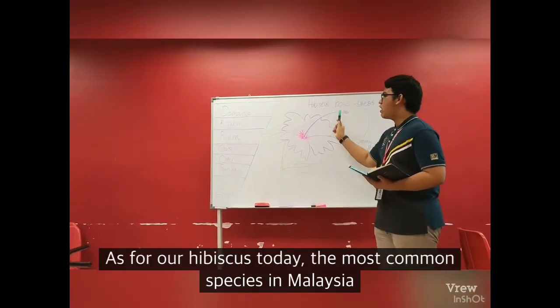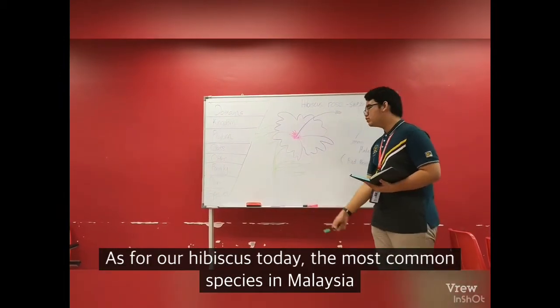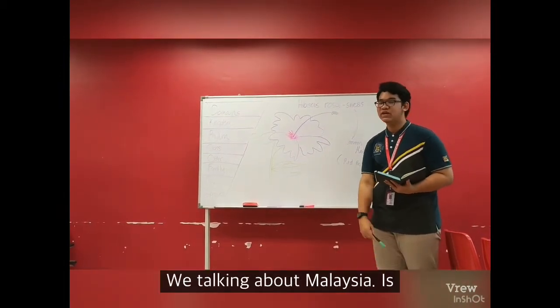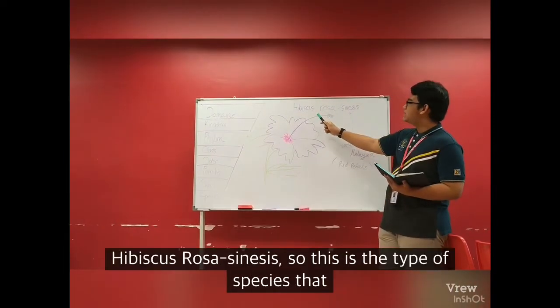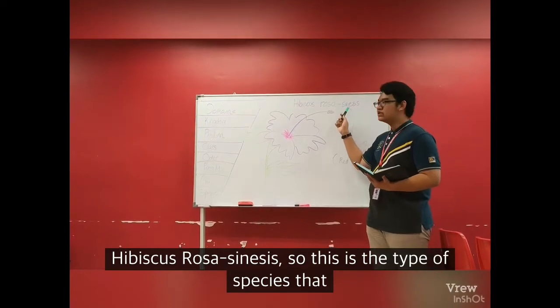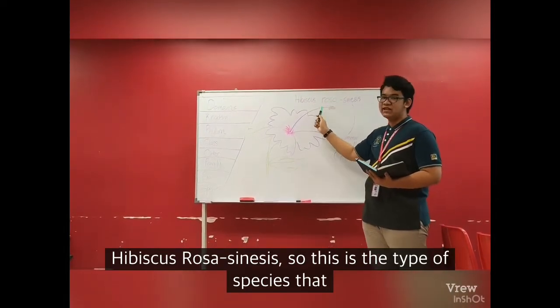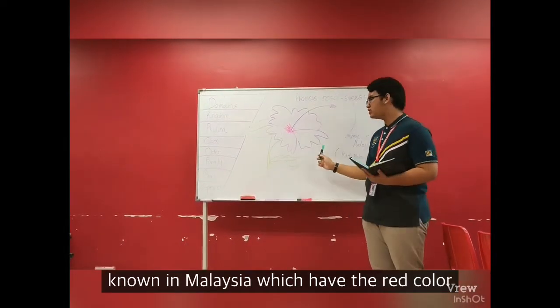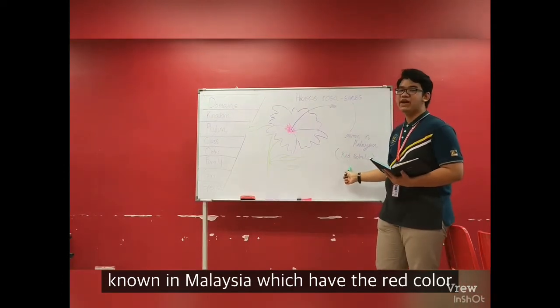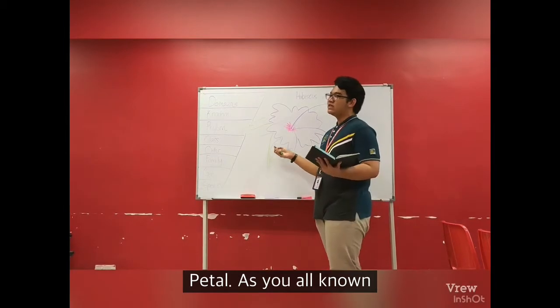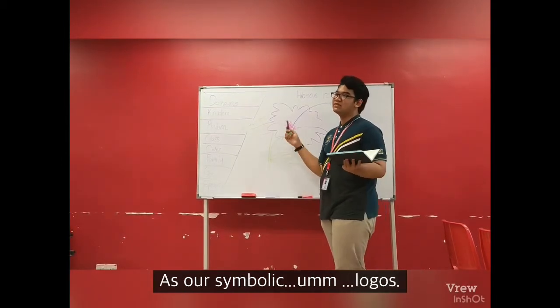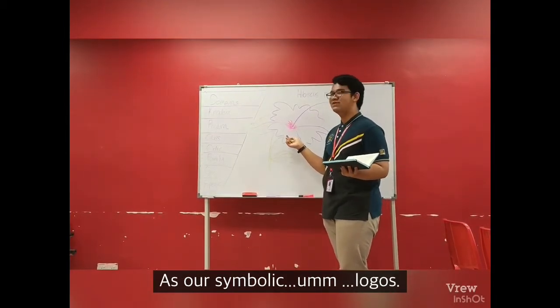So, as for our hibiscus today, the most common species in Malaysia is Hibiscus rosa-sinensis. This is the species that is very commonly known in Malaysia, which has the red color pattern. As you all know, it's also known as our symbolic logo.